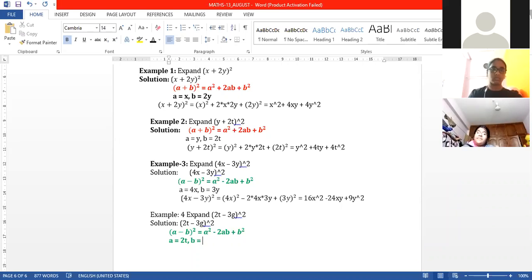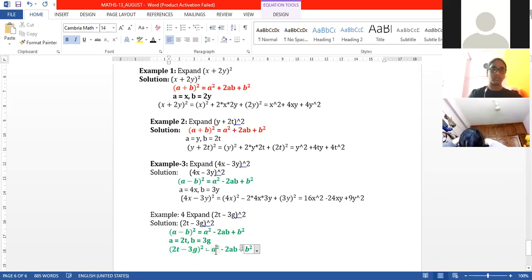Don't write minus, because already minus is there in the formula. Okay, now we want to substitute these values in the given identity. In the place of a, I want to substitute 2t. In the place of b, I want to substitute 3g.